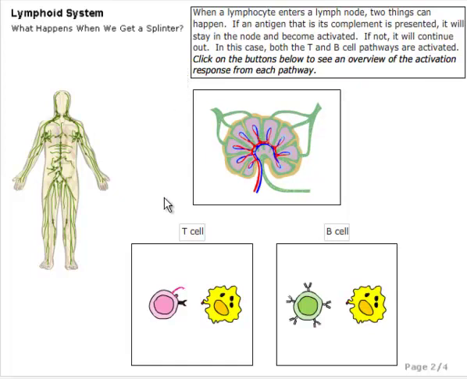So we can see, if you click on these different systems, you can see an overview of the activation pathway or response pathway. So we'll click on our T cell over here.